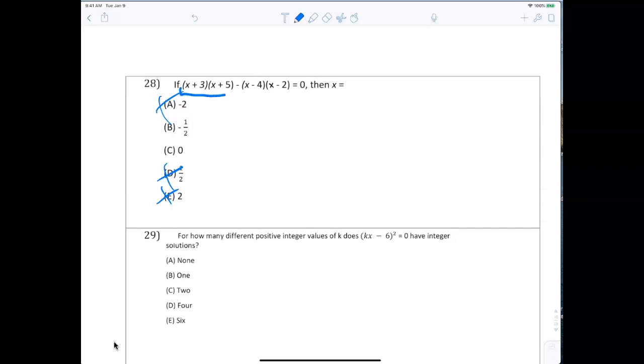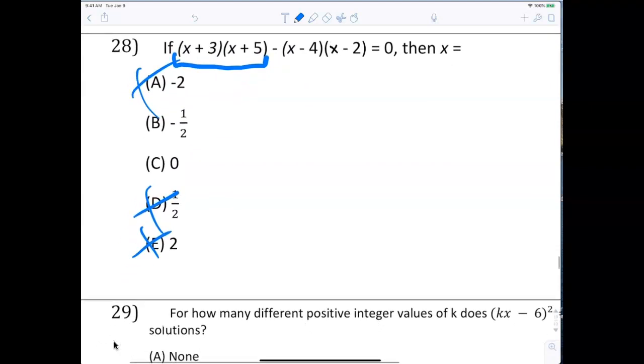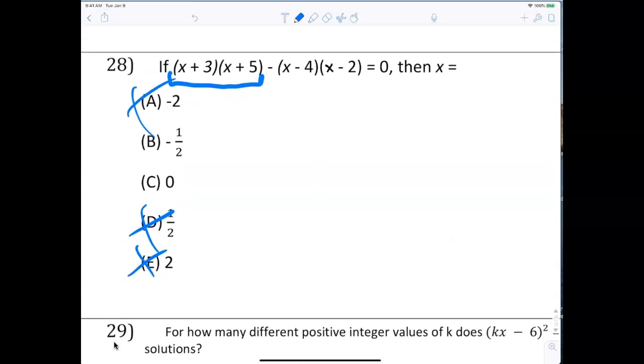I'm gonna multiply that together. It equals 0. Stop talking now. X squared plus 8x plus 15. Does everybody see that? Now I'm multiplying these.